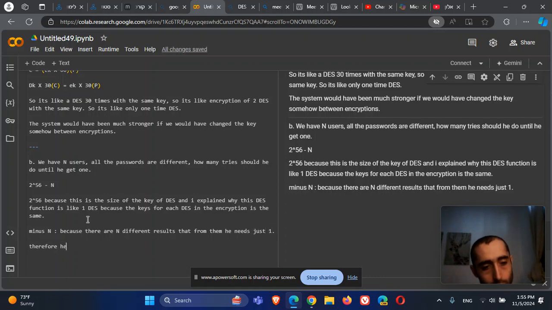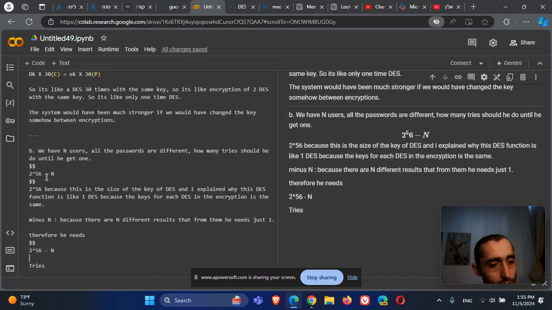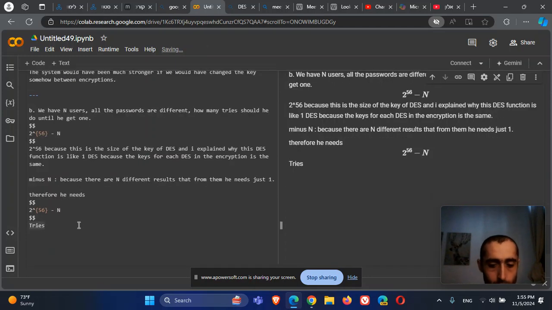Therefore he needs 2 to the power of 56 minus n tries. I'm not sure that I'm getting it right. Maybe I make a lot of mistakes.